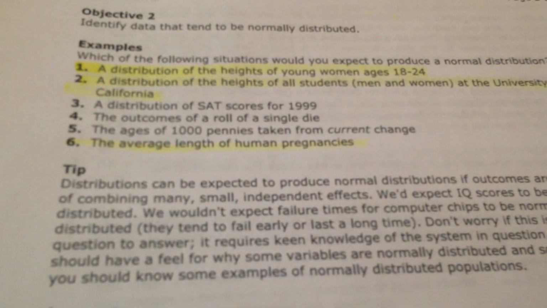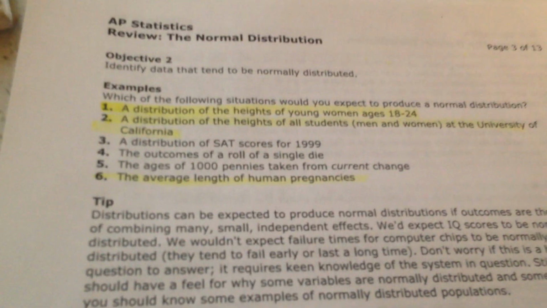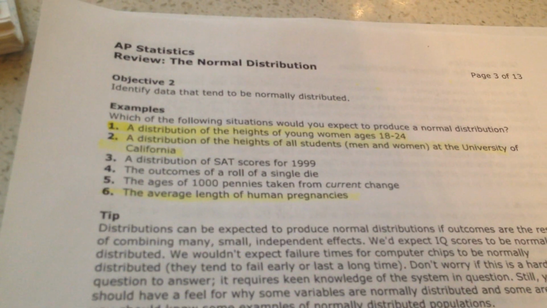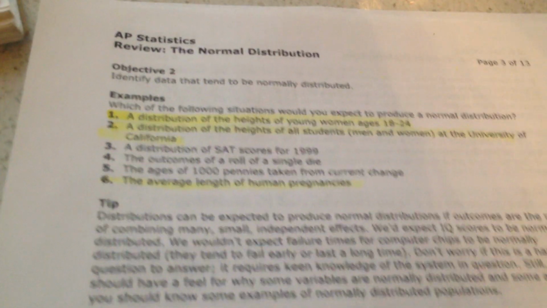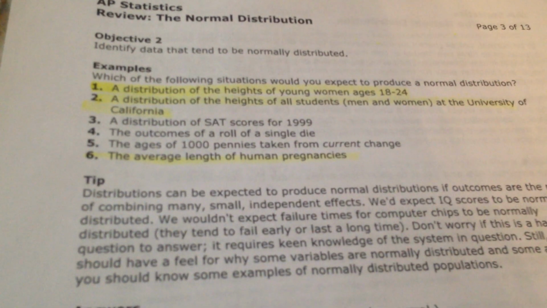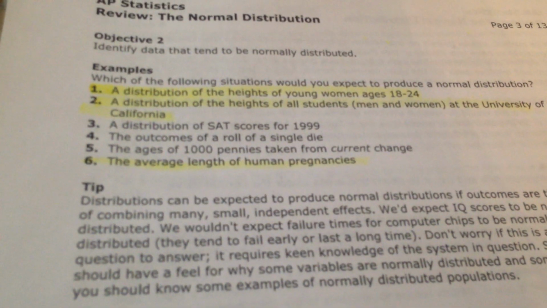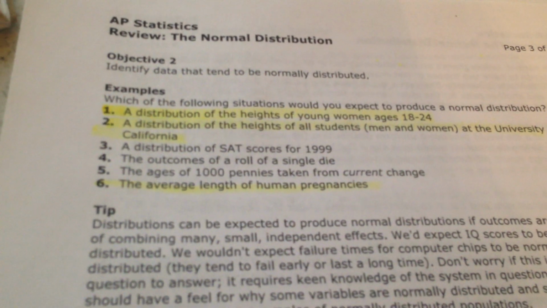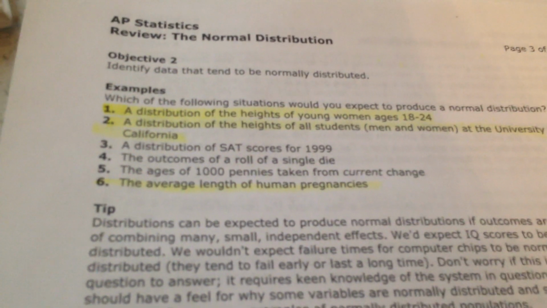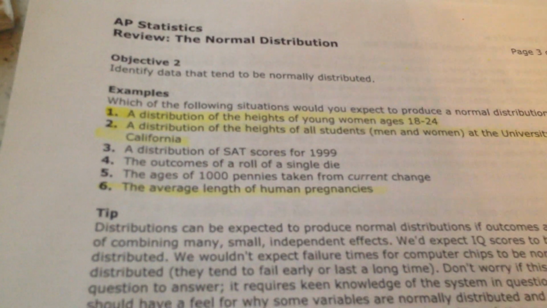However, a distribution of the heights of all students, men and women, that would be bimodal, which is a term I learned in the first unit, because men and women have different averages, so it wouldn't just be one normal curve. And the average length of human pregnancies would also be a normal curve, just because it usually follows a cycle, and if it isn't 9 months, that's not average kind of thing.